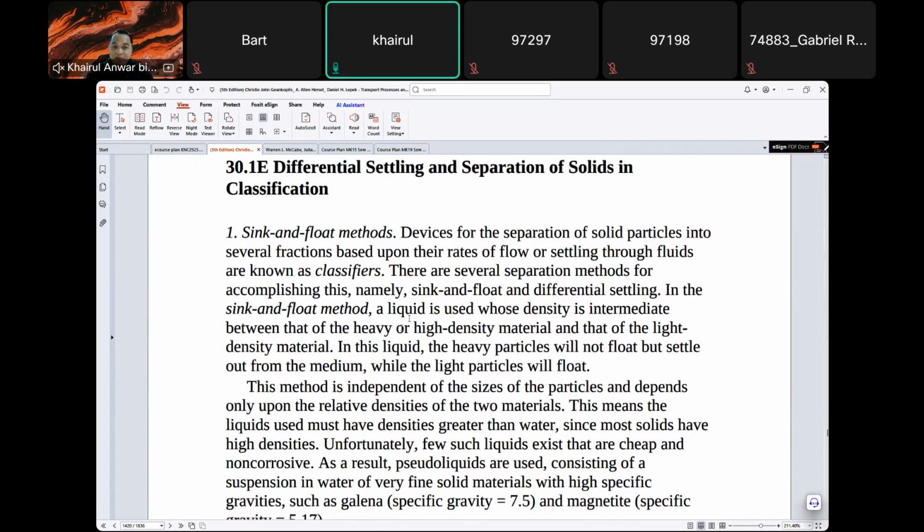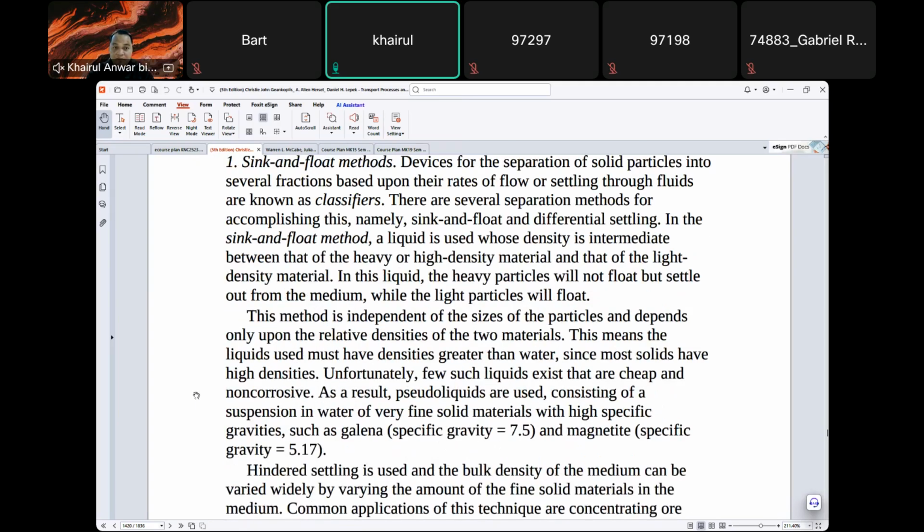There are several separation methods for accomplishing this, namely sink and float and differential settling. In the sink and float method, a liquid is used whose density is intermediate between that of the heavy or high density material and that of the light density material. In this liquid, the heavy material will settle out from the medium while the light particles will float. So this method is independent of the size of the particle and depends only upon the relative density of the two materials.